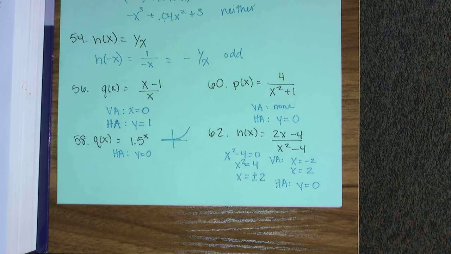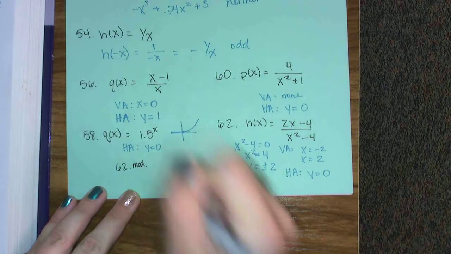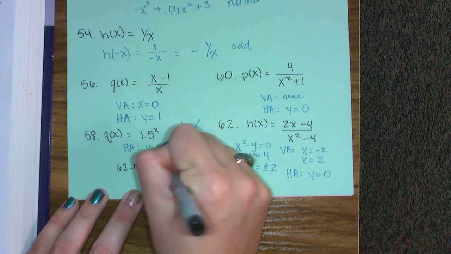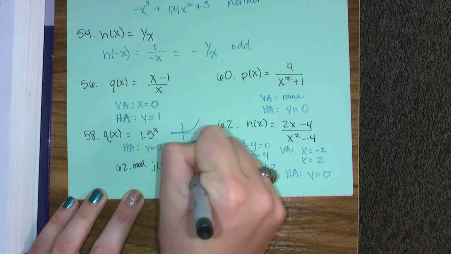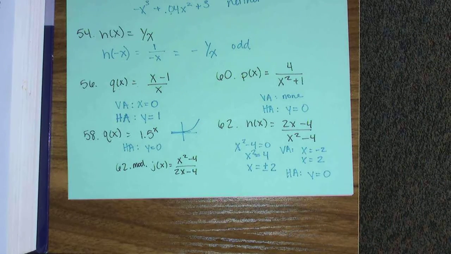If I were to flip this problem, we're going to do 62 modified. j of x is equal to x squared minus 4 over 2x minus 4. What would be my vertical asymptote in this case?